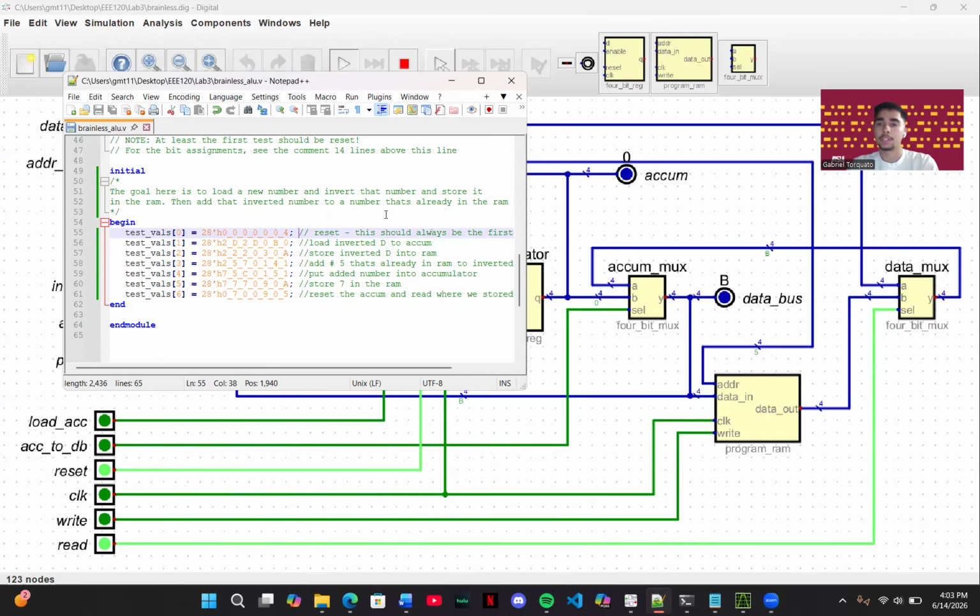So the inverse of D is 2, sorry, it was 5. 2 plus 5 is 7, right? So here, these are our test files.